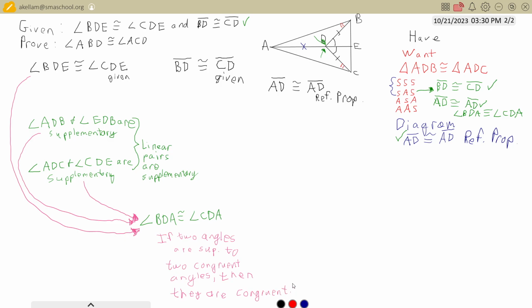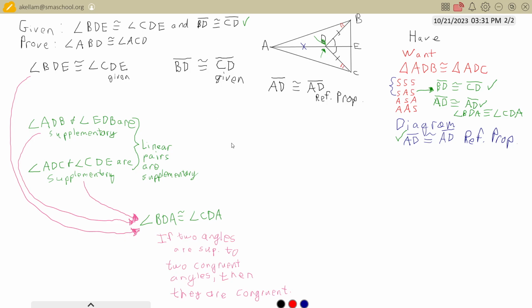So my given information and my diagram yielded that these two angles are congruent.